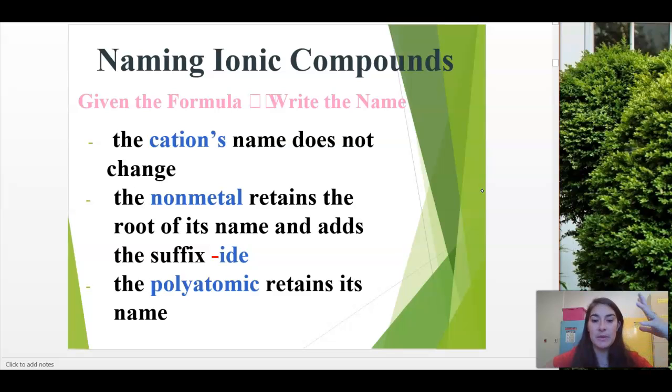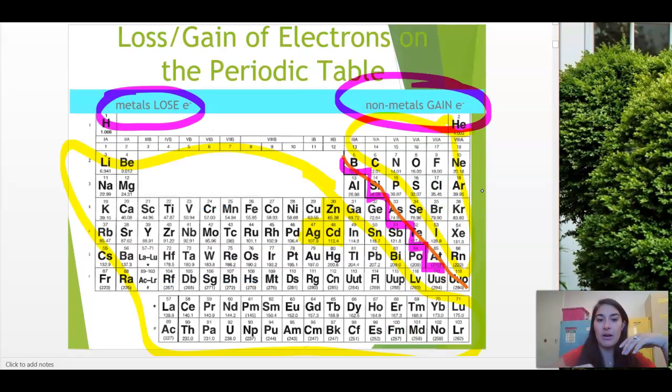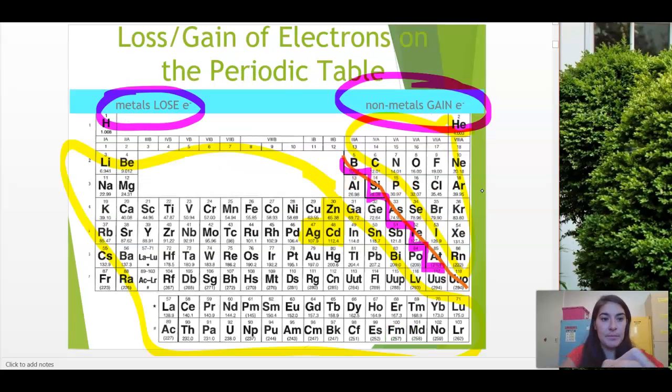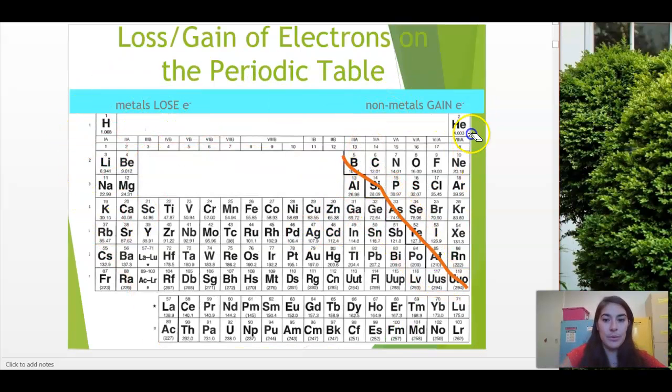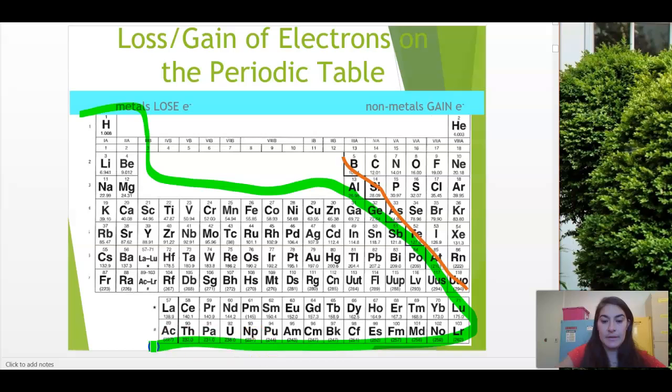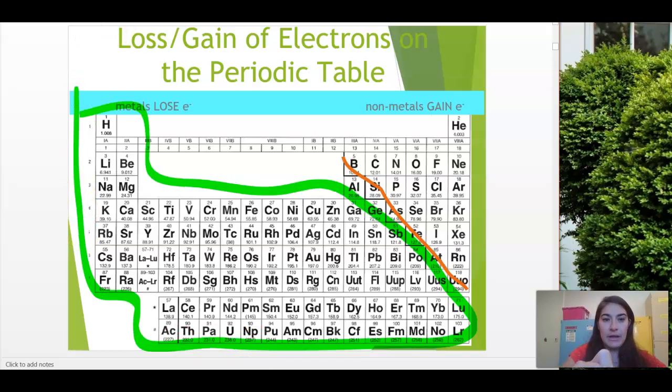So when you're given the formula, the cation's name does not change. As a reminder, your cations are typically this part, and your anions are going to be over here.